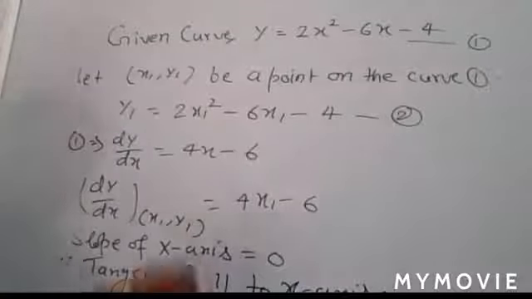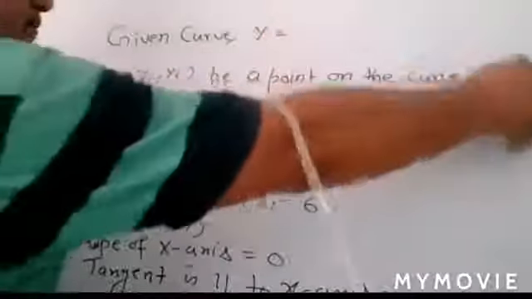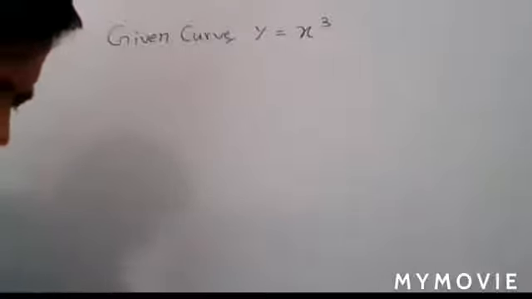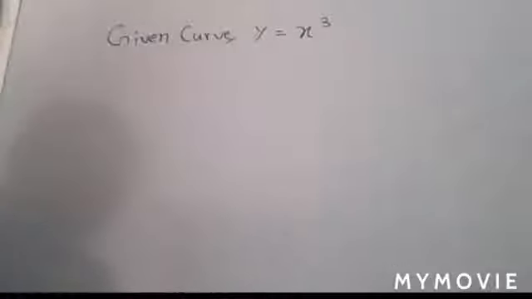Find the point on the curve y is equal to x cube at which the slope of tangent is equal to the y coordinate of the point.